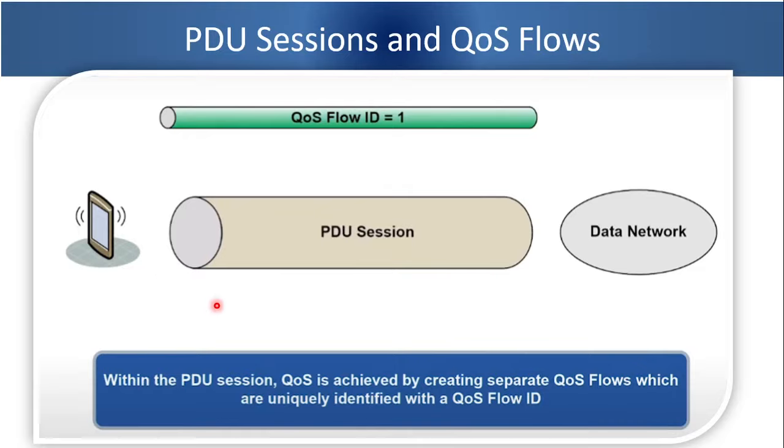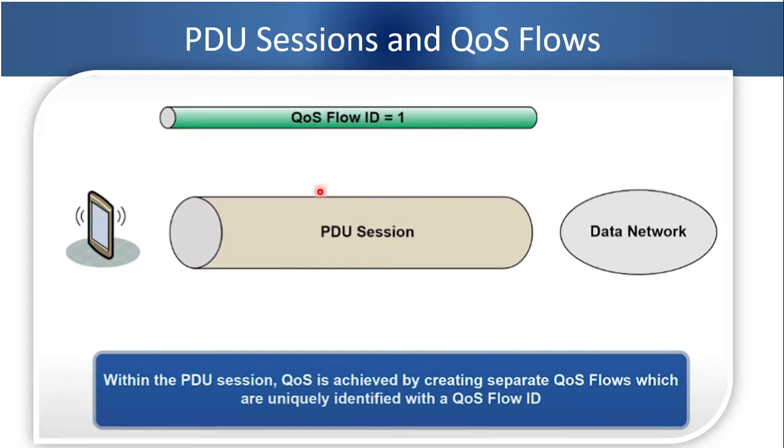And how do you identify that? Within the PDU session you have quality of service flows. So how do you identify a particular flow, whether it's internet traffic, a voice call, or a video call? There is a concept of QoS flow ID. Every type of QoS is assigned a QoS flow ID.